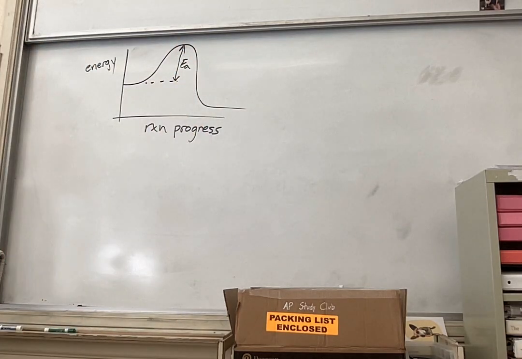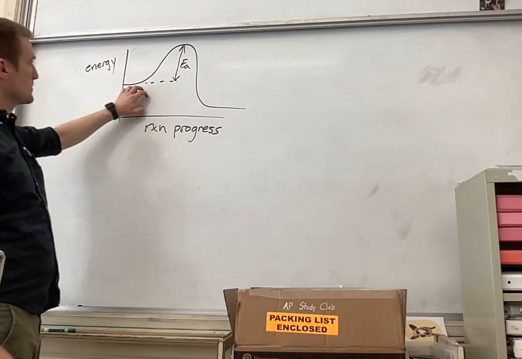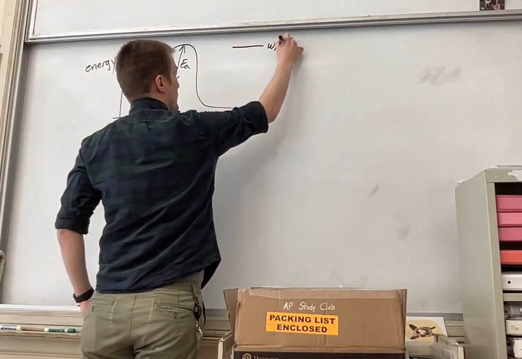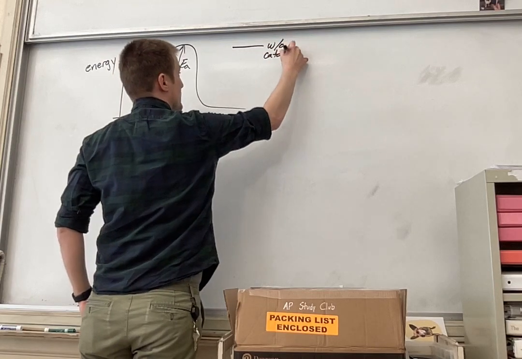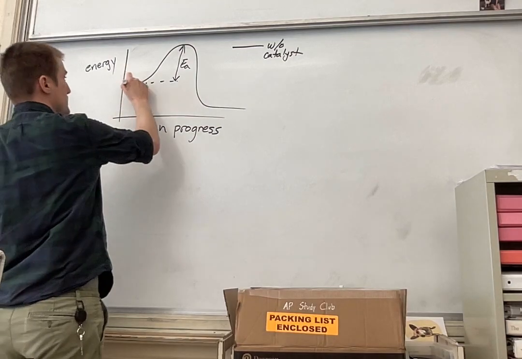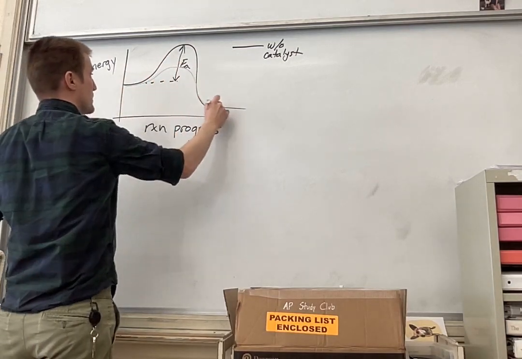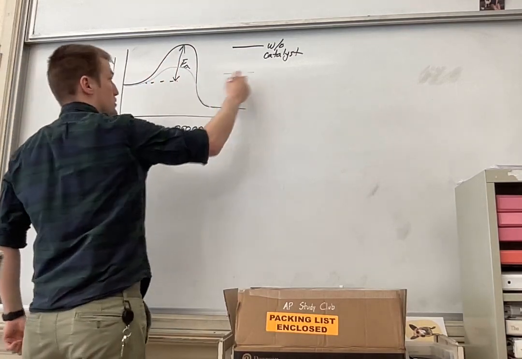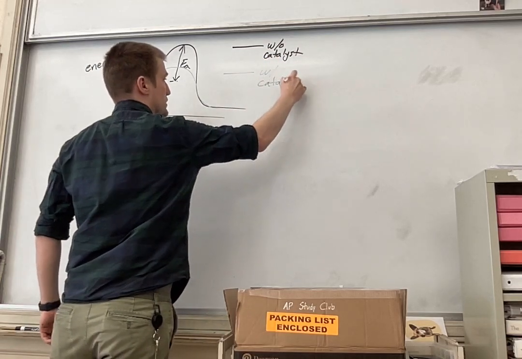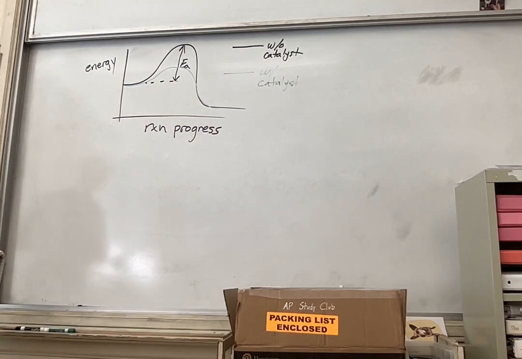And this is without a catalyst. Since we're talking about catalysts, if you add a catalyst, the change is that the activation energy is lower. With catalyst, I drew in this faint blue marker.